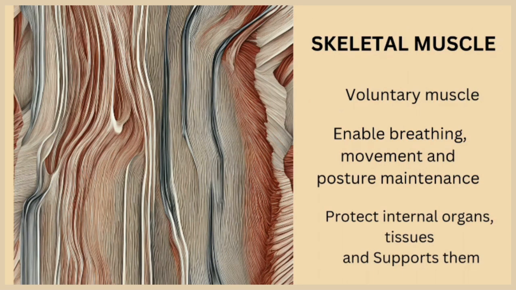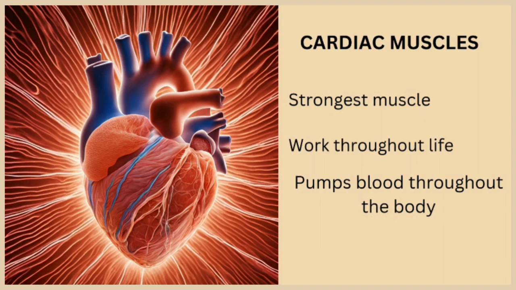Next is the skeletal muscle. These muscles enable breathing movement and posture maintenance. They also protect and support internal organs and tissues. Skeletal muscles are voluntary, meaning we can control when and how they work.